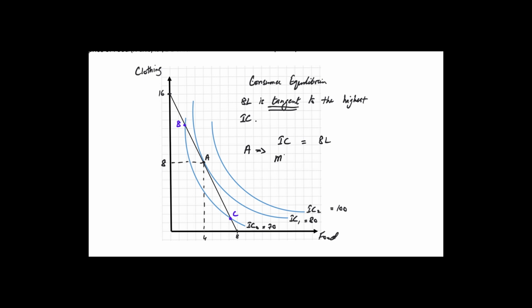The indifference curve's slope was MUX over MUY, while the budget line was PX over PY, and they both intersect at this point A. If I rearrange it, I take this here and take that up there, it becomes MUX over price of X is equal to MUY divided by price of Y. Our equimarginal principle comes into play over here as well. So this is your equilibrium.